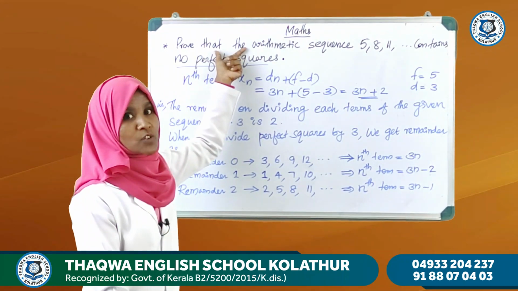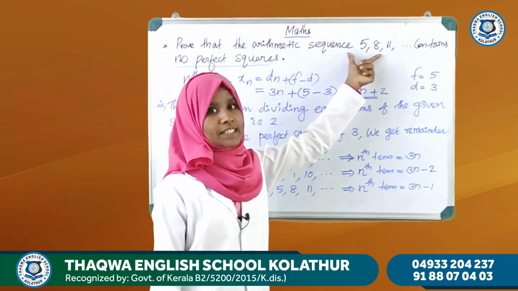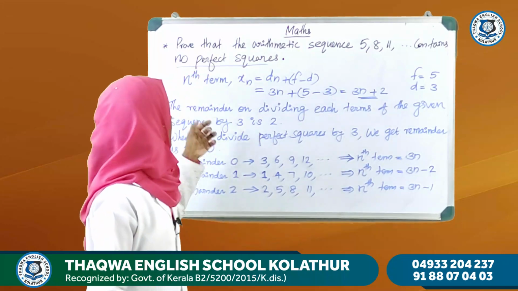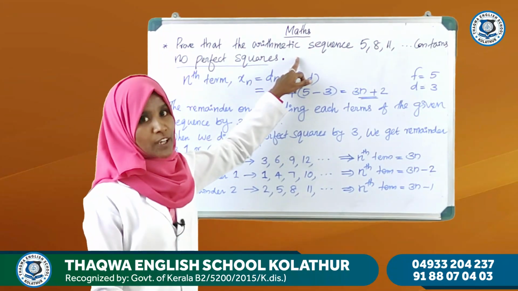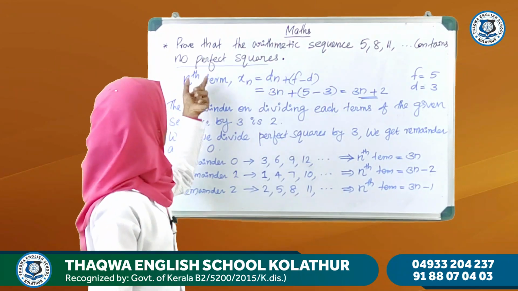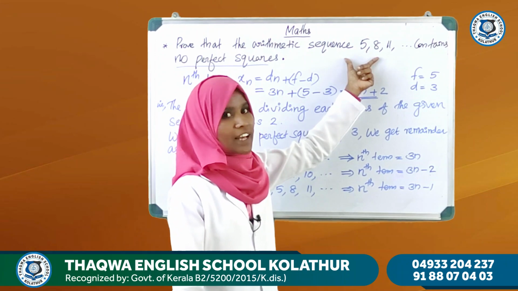Did you remember that question? Prove that the squares of all the terms of the given arithmetic sequence contains perfect squares. Did you remember? Okay, here the arithmetic sequence 5, 8, 11, etc.